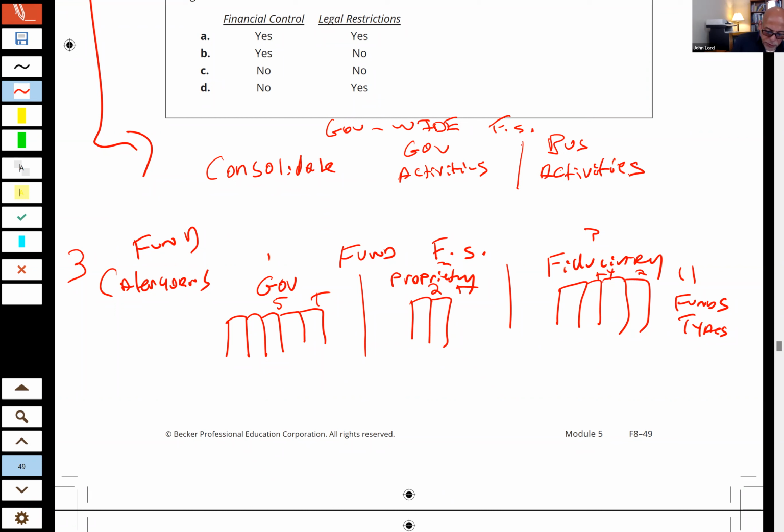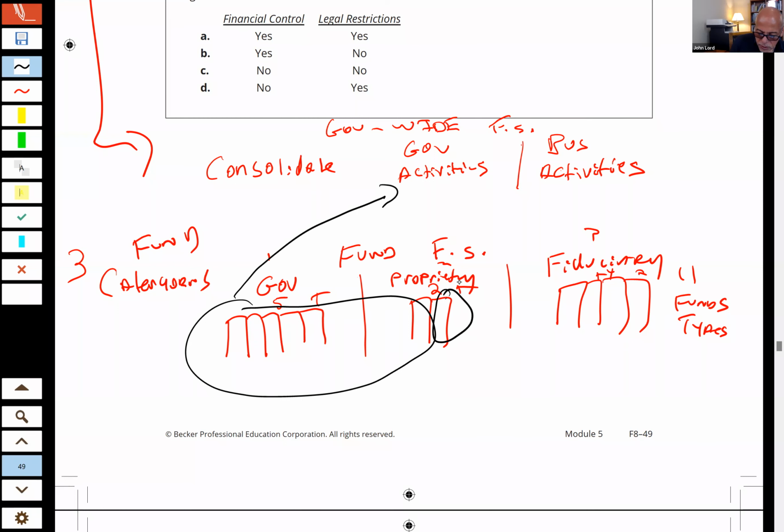Okay, and what they do is they roll up information from these disaggregated funds and consolidate it, sometimes under governmental activities, sometimes under business-type activities, and sometimes they don't report fund level activity at the government-wide level at all. But we'll get into more of that later.